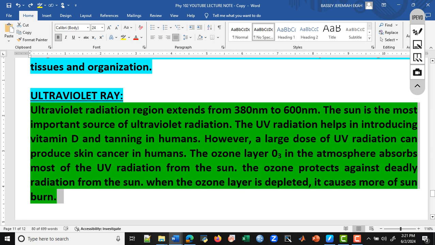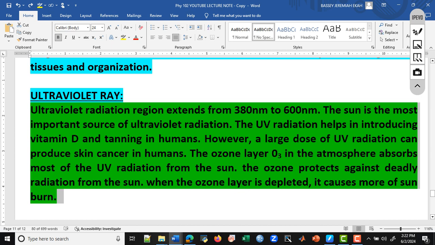So the ozone layer in the atmosphere absorbs most of the UV radiation from the sun. You can now see that the ozone layer is very important. So it's dangerous if our ozone tends to be depleted. Ozone depletion talks about the breaking down of the ozone layer.